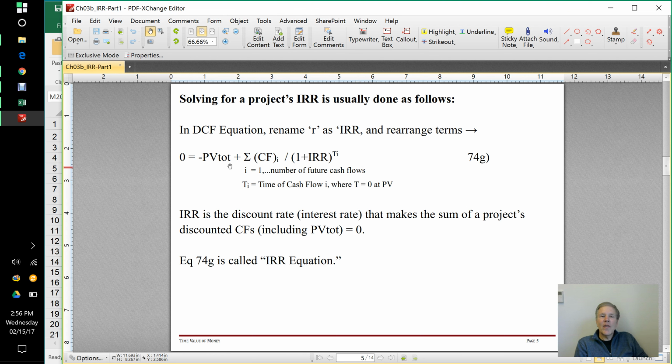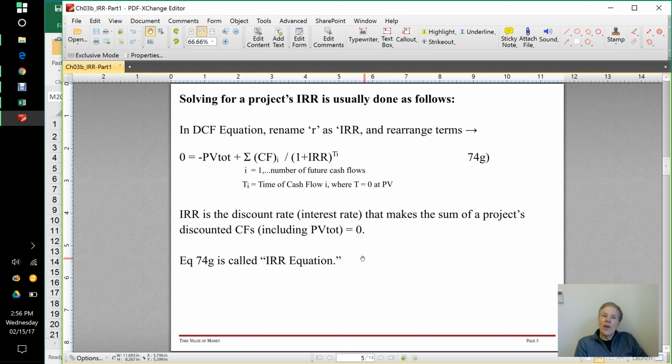We're just going to move that PV tot over to the right-hand side. Okay, so we have 0 equals minus PV tot plus the sum of the individually discounted cash flows, each one individually discounted by IRR. When we write things in this way, this is called the IRR equation.